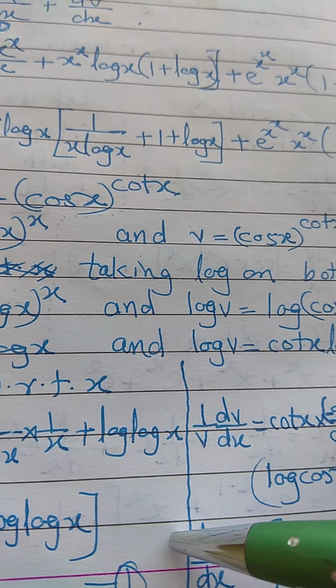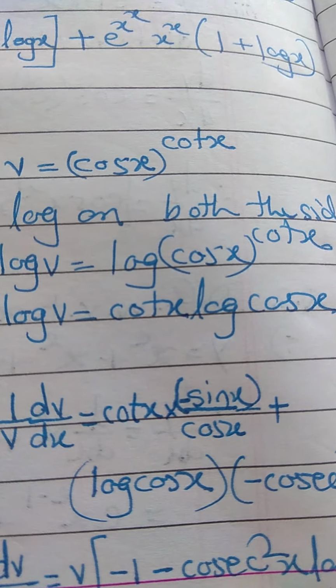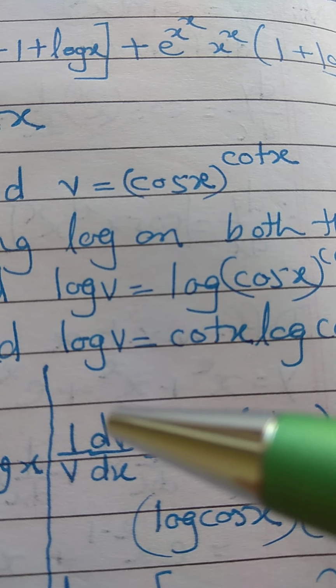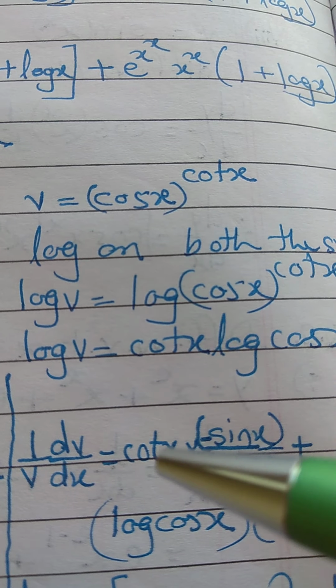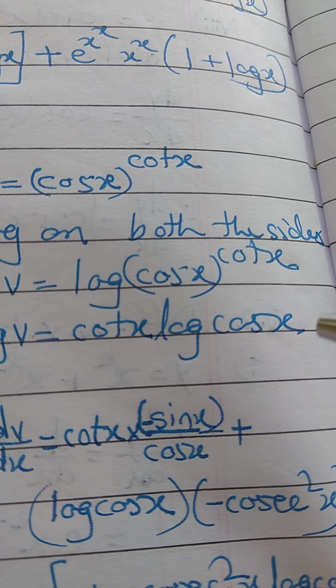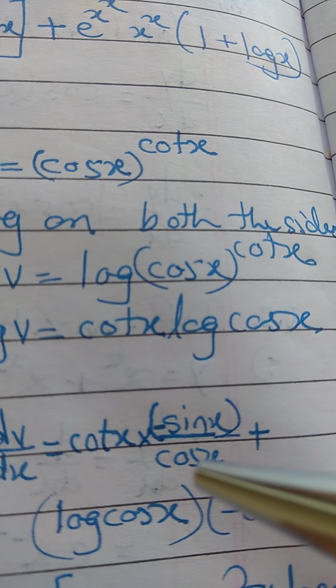This is number 1. Now here, derivative of log of v is 1 upon v, derivative of v is dv by dx. Cot x as it is, derivative of log of cos x, what will it be? Derivative of log of something is 1 upon that thing.